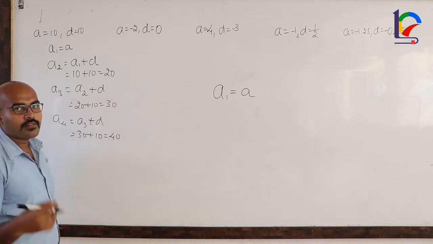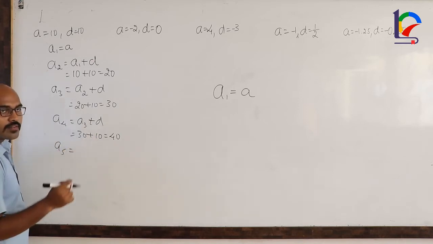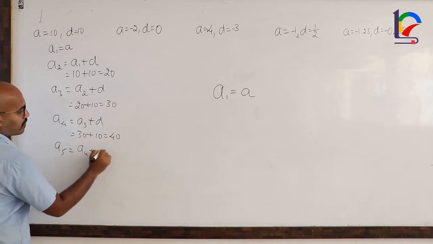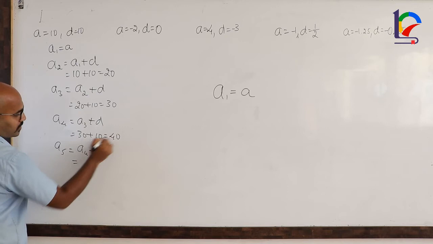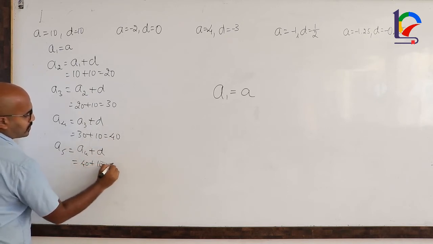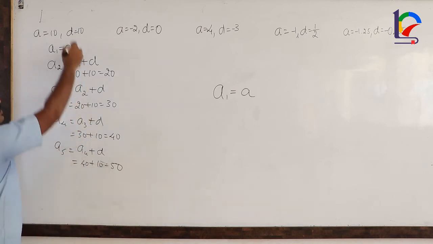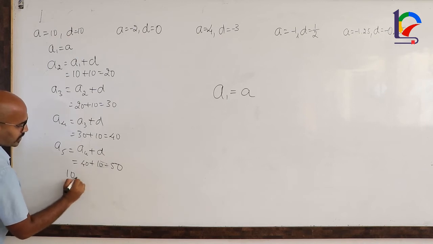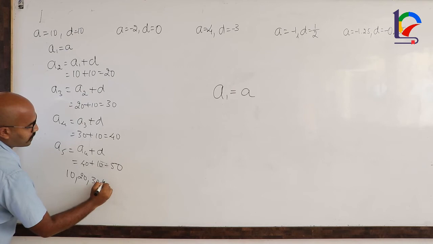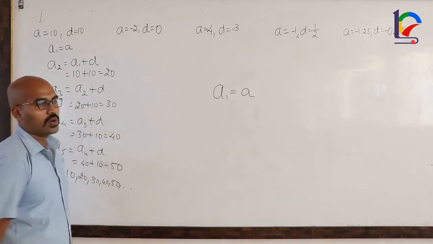For the fifth term, a5, you add the common difference to the fourth term: a4 is 40 plus d, that is 50. So the first term is 10, second term 20, third term 30, fourth term 40, and fifth term is 50, and so on.